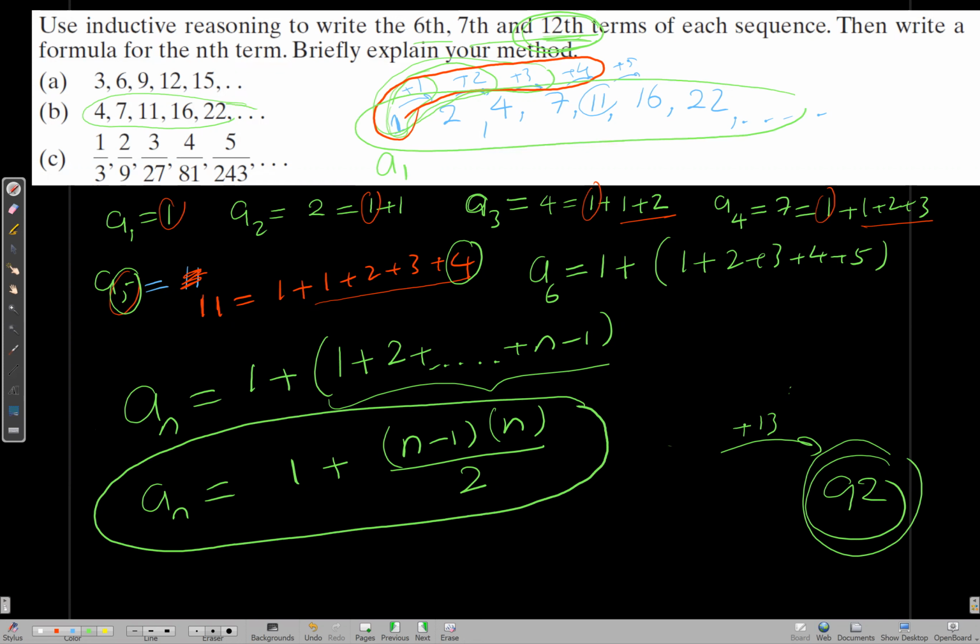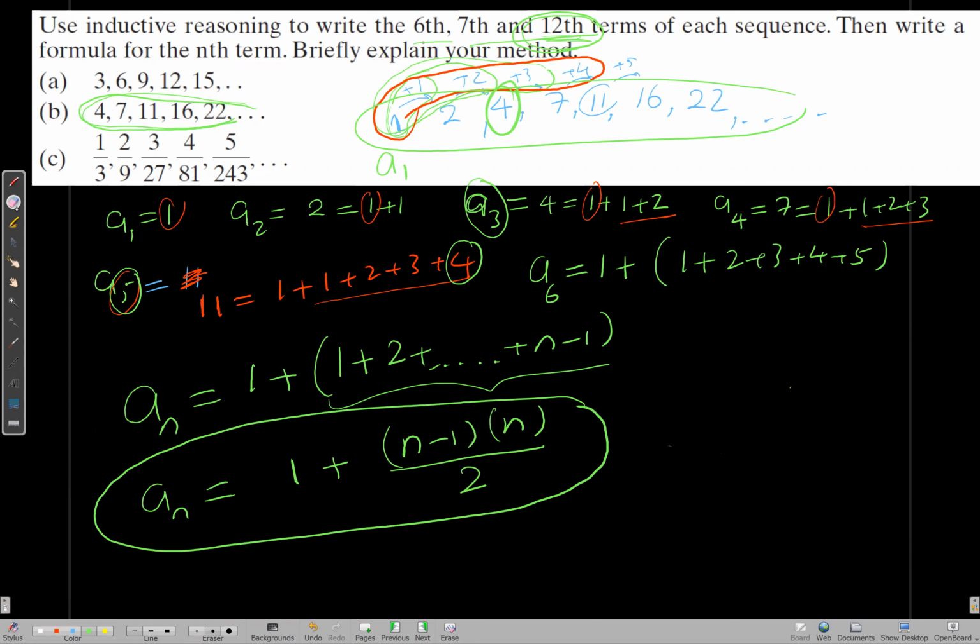But our original sequence starts with 4. That means here, that is our A3. So if you want the 12th term, what does that mean? Let me address this.